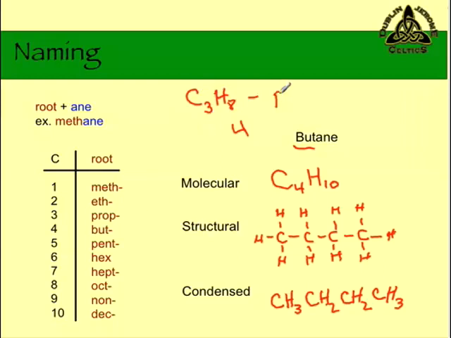So to name it, we would say prop, and then the ending is ane. You could do the same thing if you have the structural formula. You just count how many carbons there are, and then that tells you the root of the name, and you just add the ending ane.